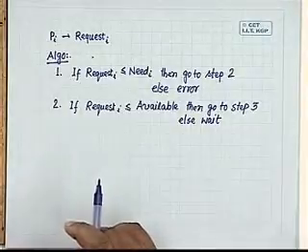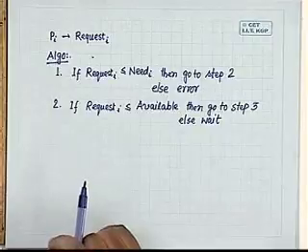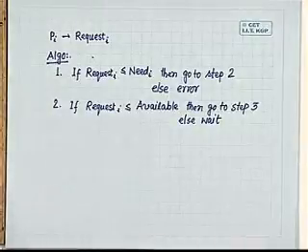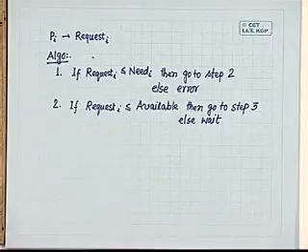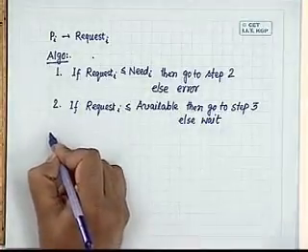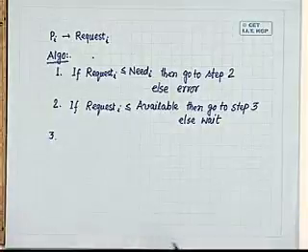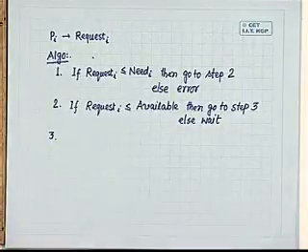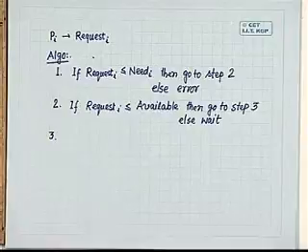So for that, the system will pretend as if the request is immediately granted. And that is where this data structure comes into the picture. In step 3, the system pretends as if the resources are allocated, and that can be done by simply modifying the data structure.